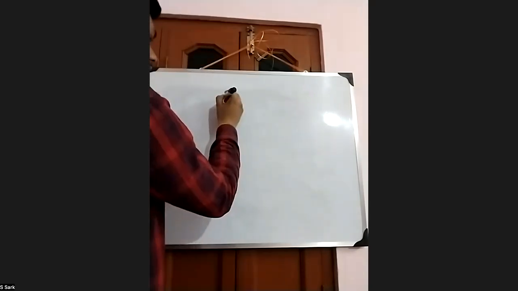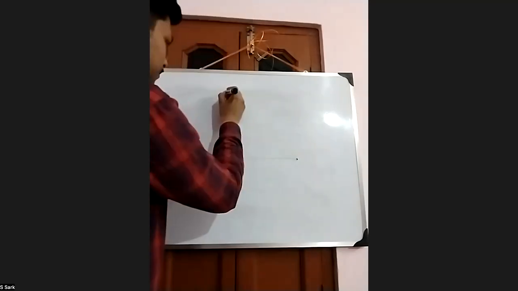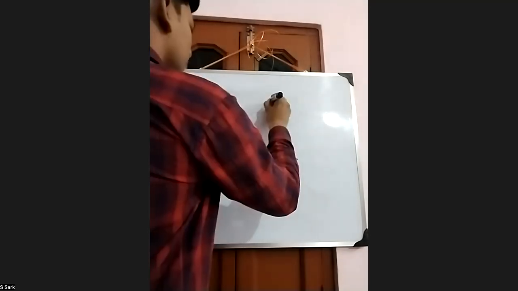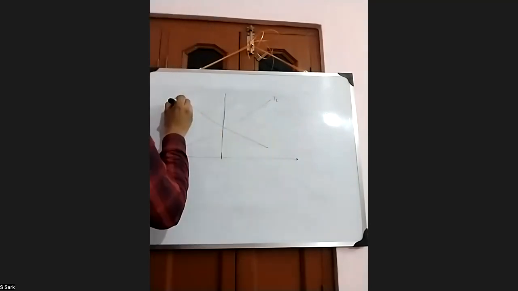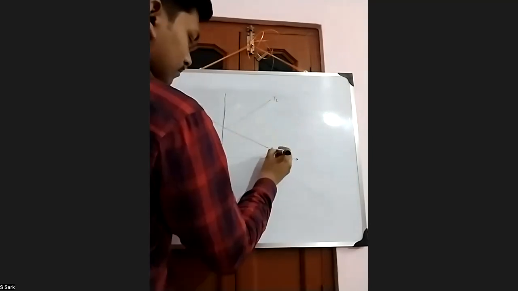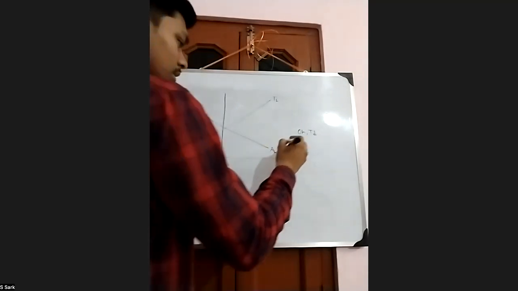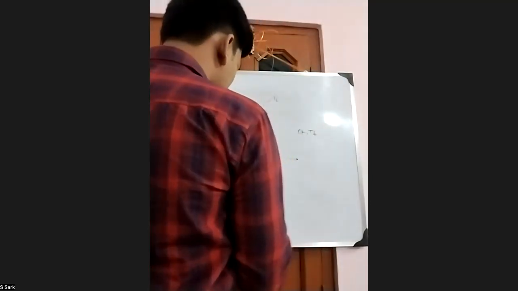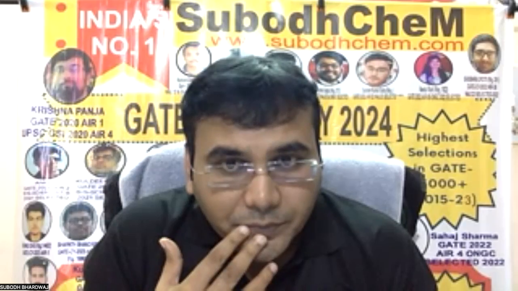So firstly, in case of octahedral and tetrahedral complexes, we can use this type of energy diagram for coordination complexes.